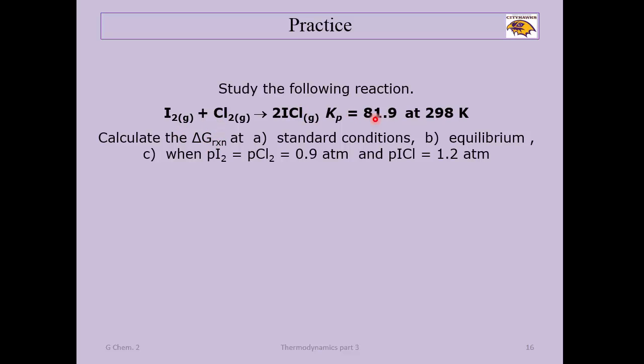Then what will happen when it goes down to equilibrium? It's going to run until the concentrations adjust. And then finally, I want you to do a calculation somewhere along the way.